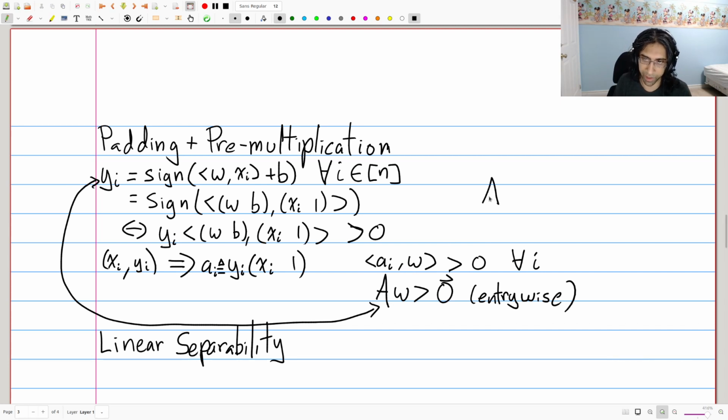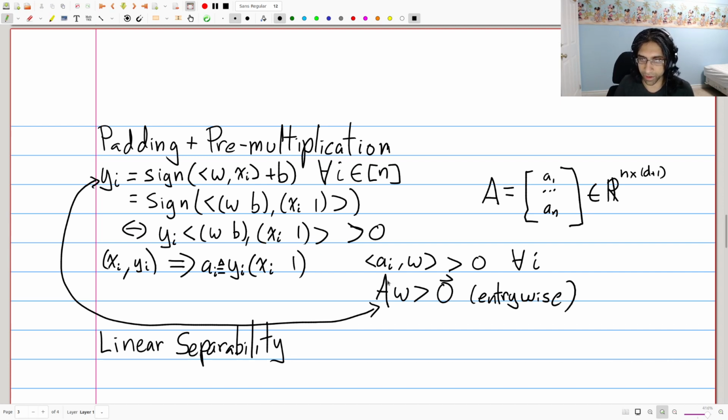How do we form this matrix A? We just stack these vectors on top of each other in matrix form. So this is in R^(n by d+1), because there are n rows and d+1 columns, one for each of the feature vector dimensions plus the 1 at the end.